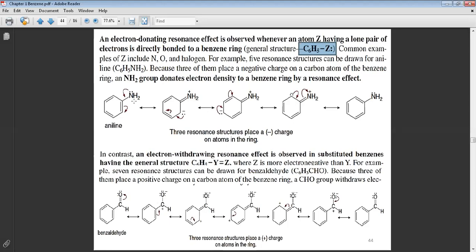That means we have a group with a lone pair of electrons. The second way is by resonance effect, but any time it will be withdrawing, not donating.